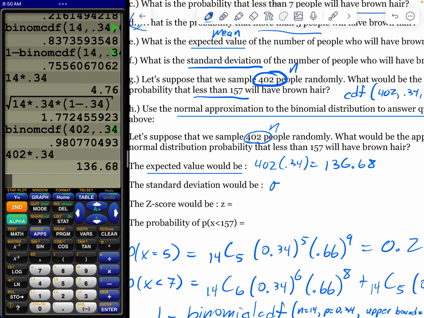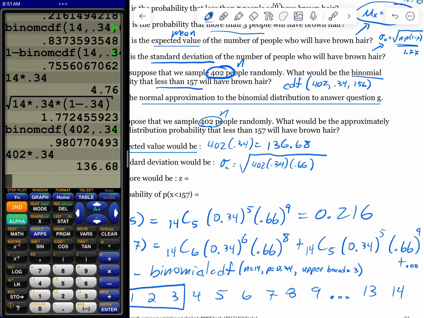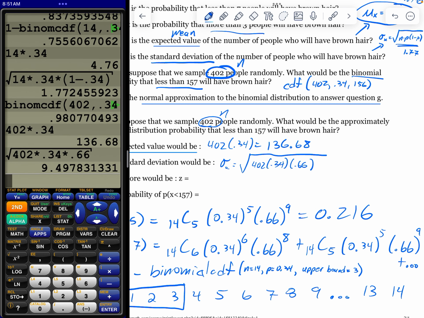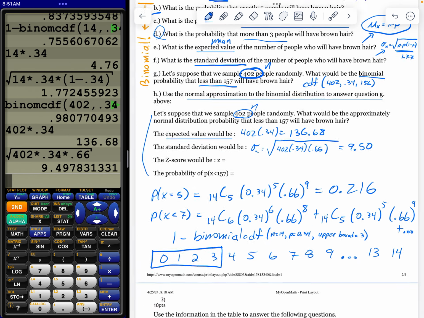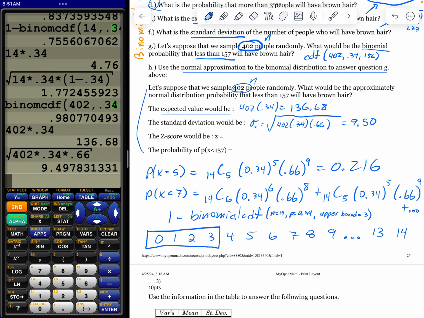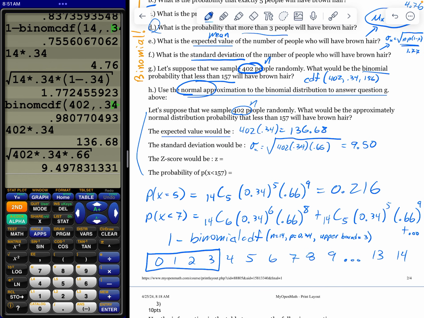Standard deviation, sigma, is the square root of 402 times 0.34 times 0.66. I'm going to round to 2 decimal places.